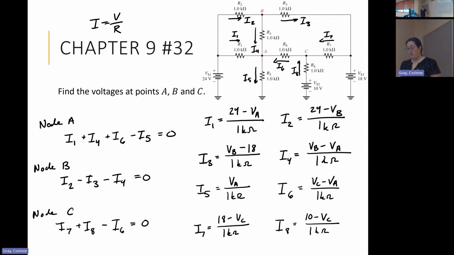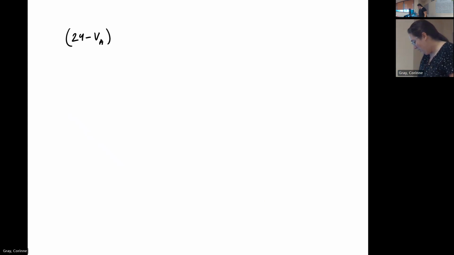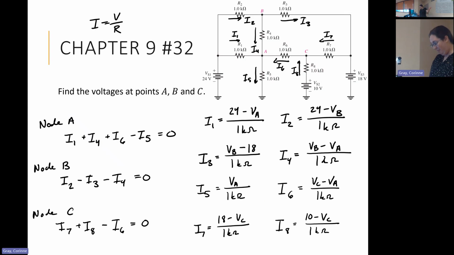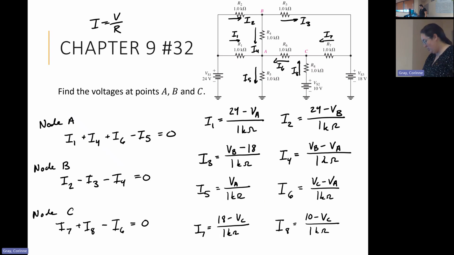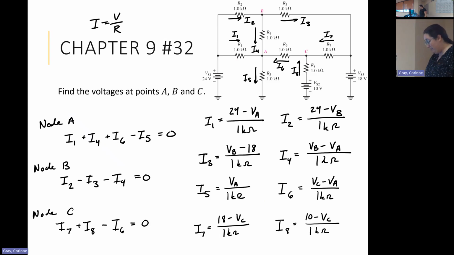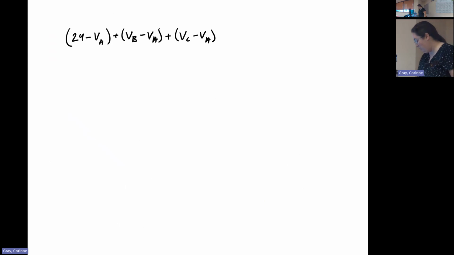I ended up doing mine a little bit different, so I'm going to have to flip back and forth a lot, that's okay. So for node A, we have I1. I'm going to have 24 minus VA. I'm going to have plus I4, which is VB minus VA. I'm going to have plus I6, which is VC minus VA. And last but not least, I have minus I5, which is just minus VA.